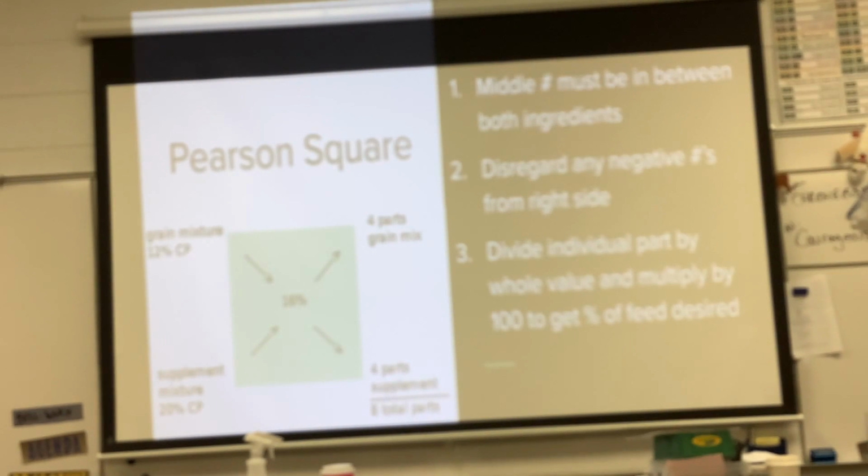So first step is making sure my middle number is somewhere in between both ingredients. Second part is to disregard any negatives. Third piece of this is to divide my individual pieces by the whole, because I want to figure out my percent of my pie, right?